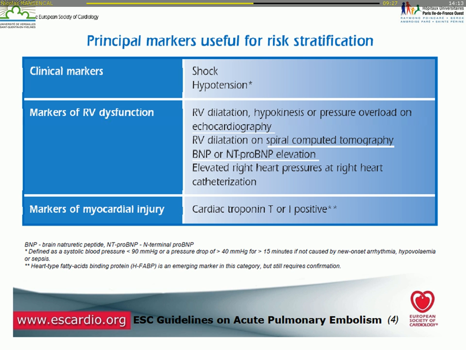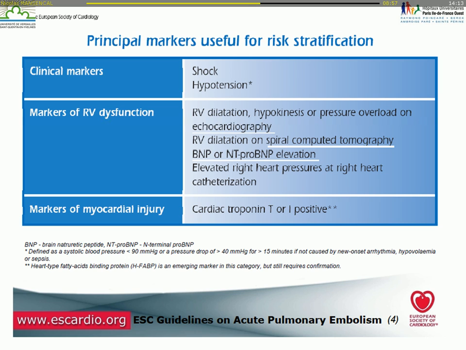And we have a recent new classification with the strongest marker, which is a clinical marker, shock or hypotension. And we have also markers of right ventricular dysfunction assessed by echo, by CT scan, and by BNP. And we have markers of myocardial injury. This is a troponin.